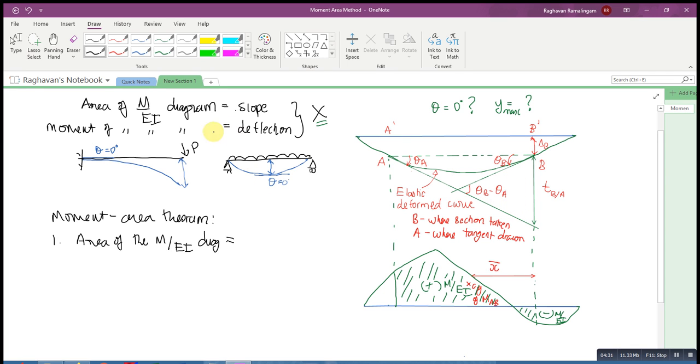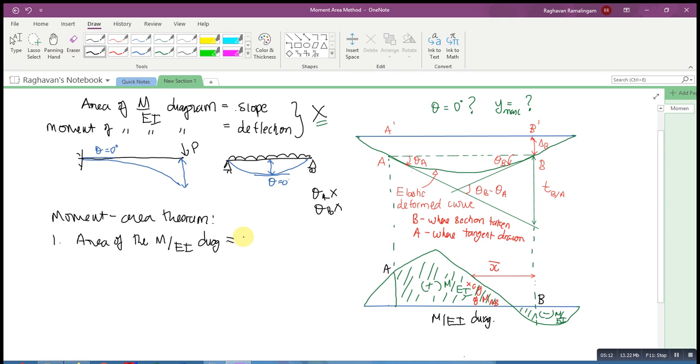Now look at this particular image. I have cut 2 points A and B on a segment of this particular beam, and this is the M by EI diagram for the particular loading. If I take the area between these 2 points A and B, what I get is not theta A, and it's not theta B either.